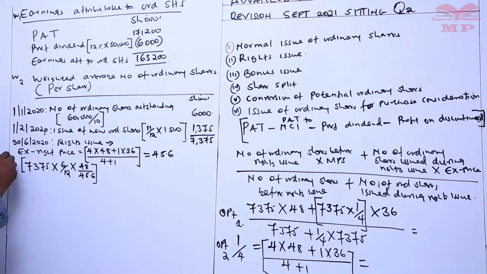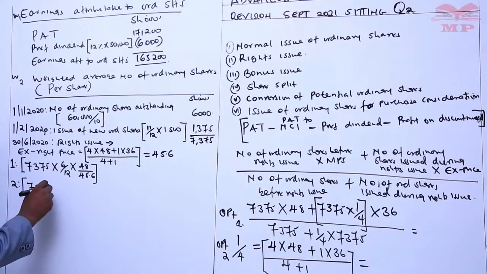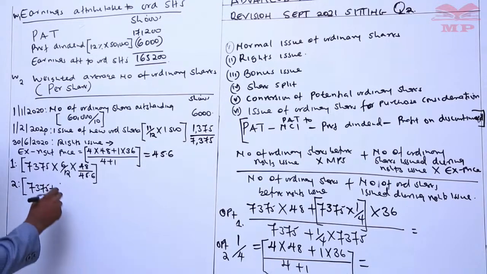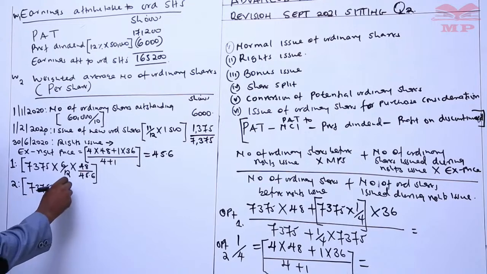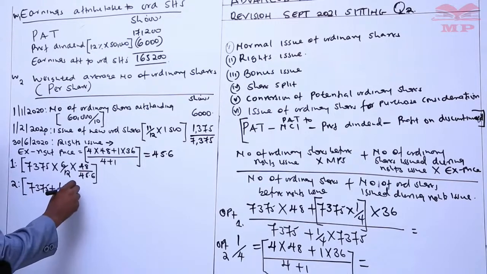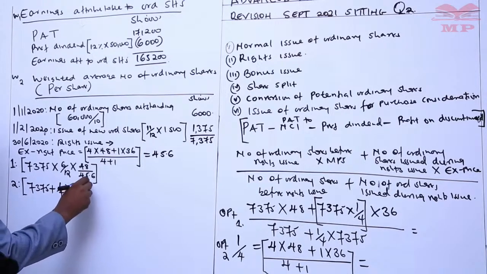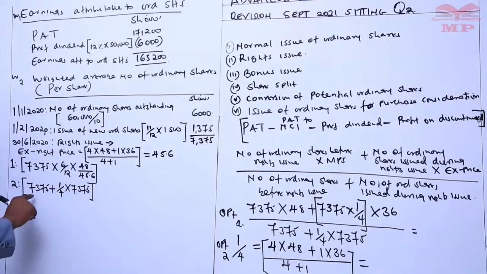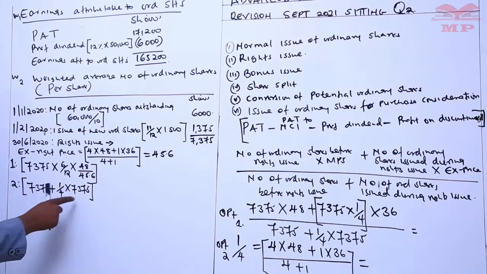And step 2, you're going to determine the ordinary shares after rights issue, which is 73.75 plus 1/4 times 73.75. That means that this is before, this is after.